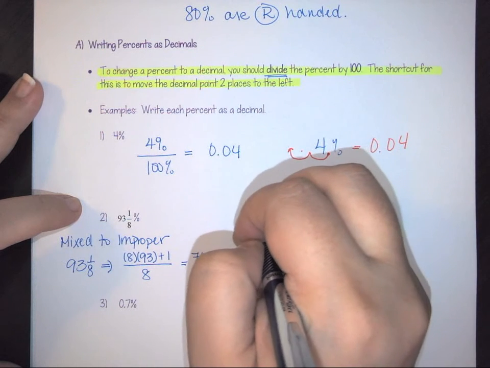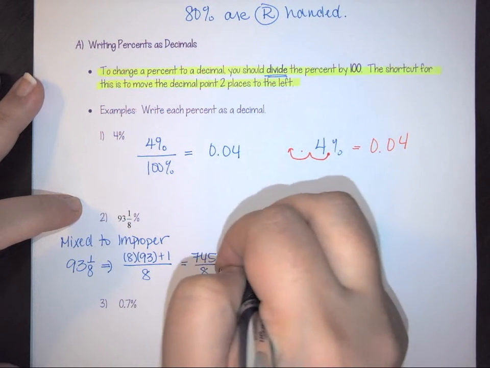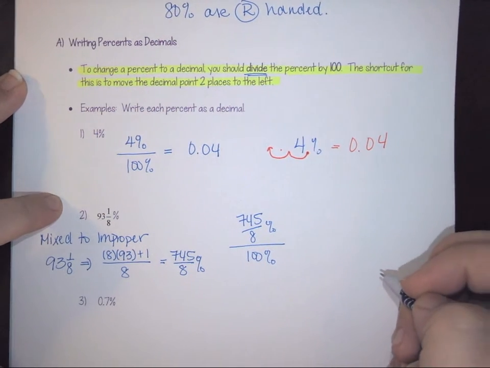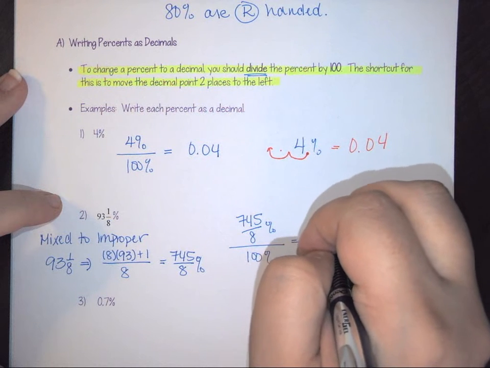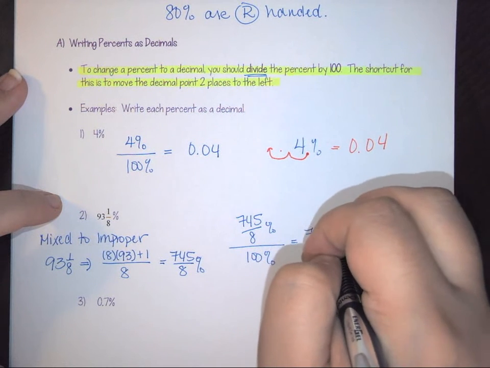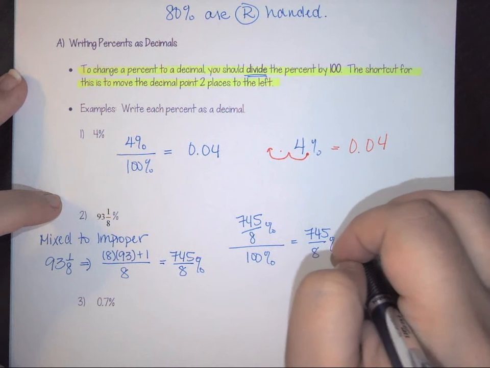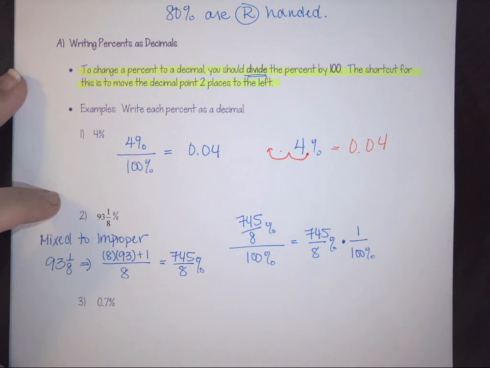Now once we do that, this is still a percent, so now we can go ahead and work with this. So we have 745 over 8% that we are going to divide by 100%. Well, our division rules say keep the top, so 745 over 8%, multiply by the reciprocal of the bottom, so 1 over 100%.